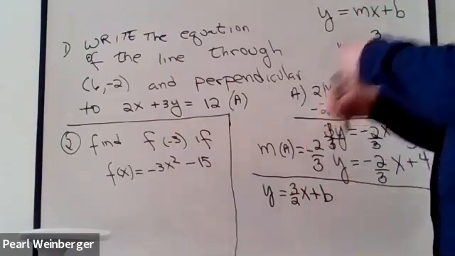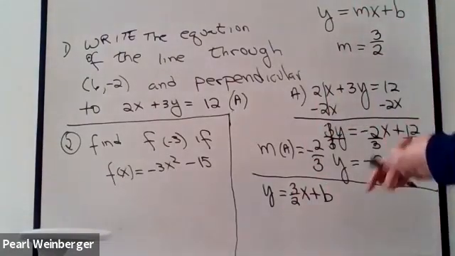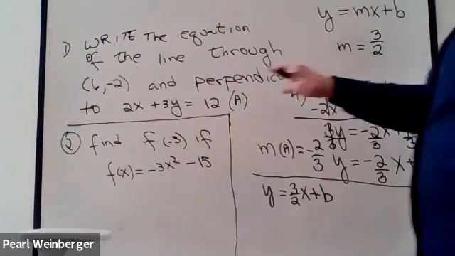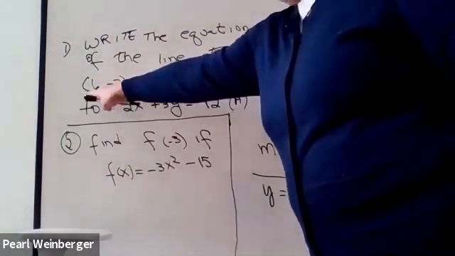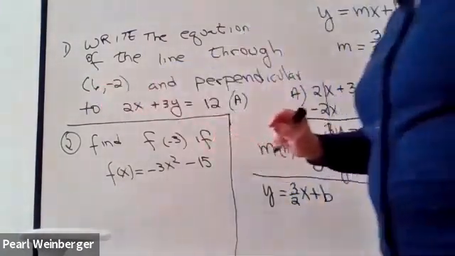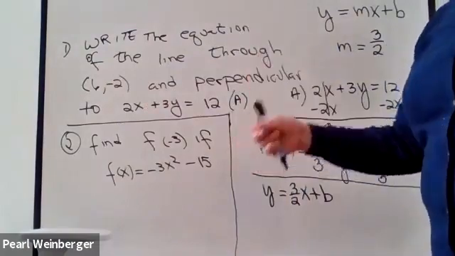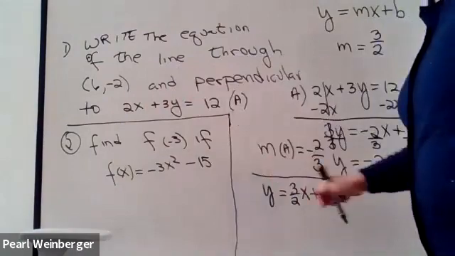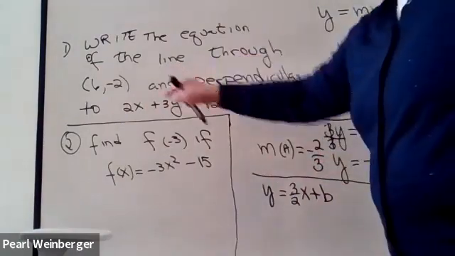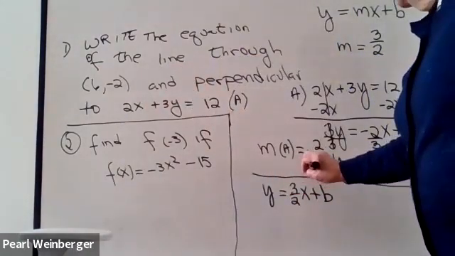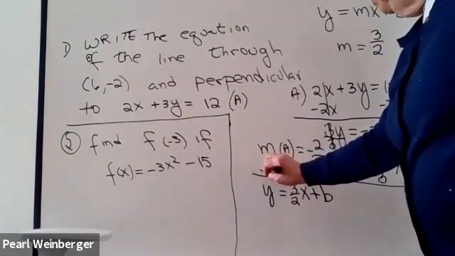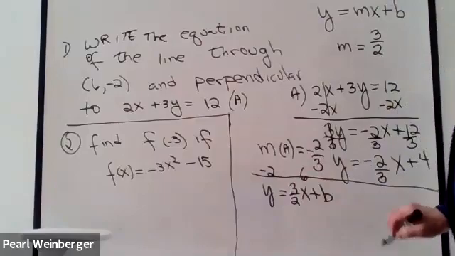So now, once I have the slope, I can work on figuring out the y-intercept. And I do that by using the point that they gave me. They gave me a point on the line. The point is (6, -2), which means when the x is 6, the y has to be -2.